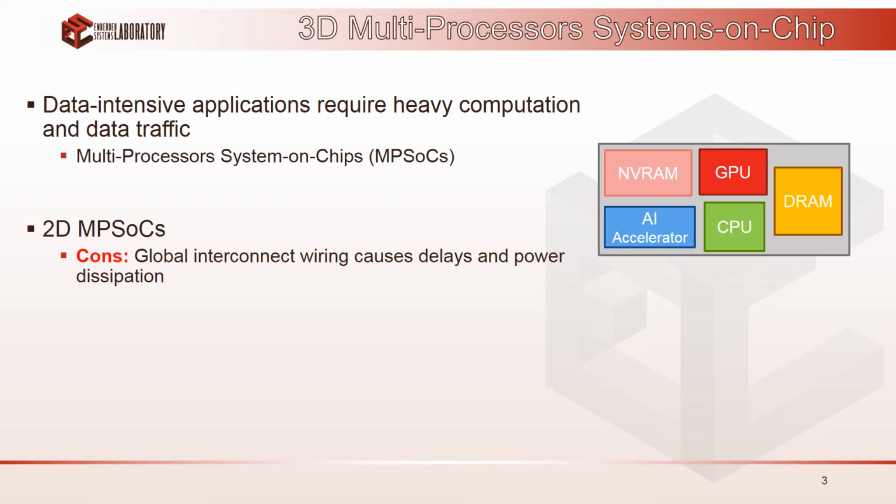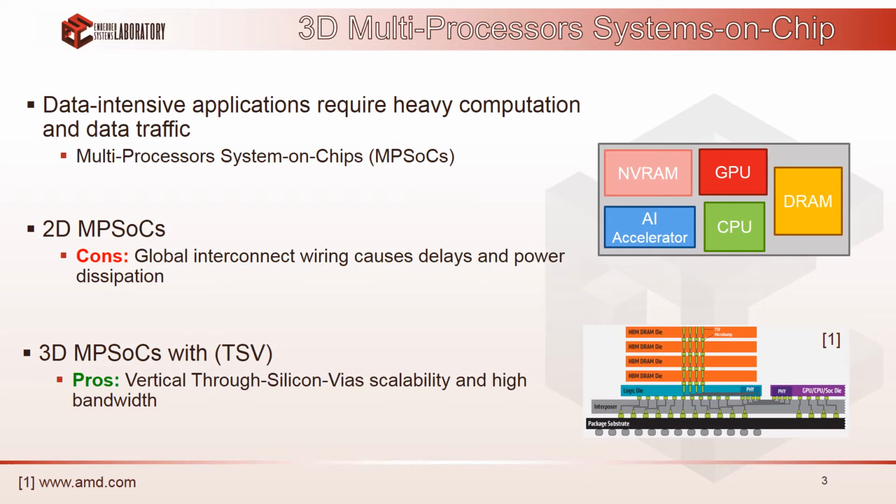In two-dimensional MPSoCs, the scaling of global interconnect wiring remains a major bottleneck due to the communication delays and also due to the power dissipation. Therefore, 3D integration using through-silicon via technology, or TSVs, offers the advantage of vertical scalability, heterogeneity, and high communication bandwidth between 3D MPSoC layers.